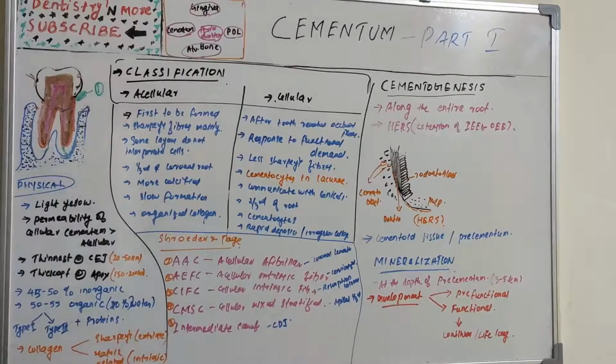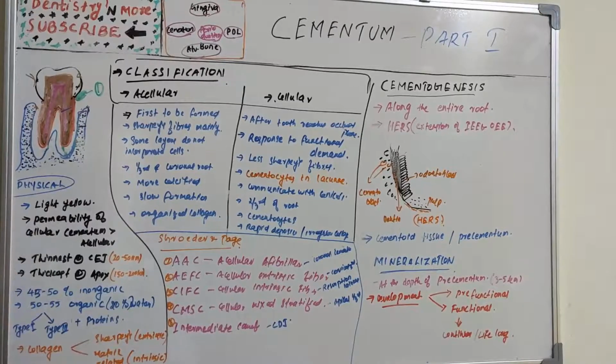So cementum is a calcified avascular mesenchymal tissue that forms the outer covering of the anatomic root. Okay, not the clinical root, anatomic root.